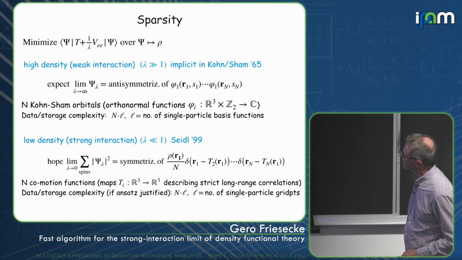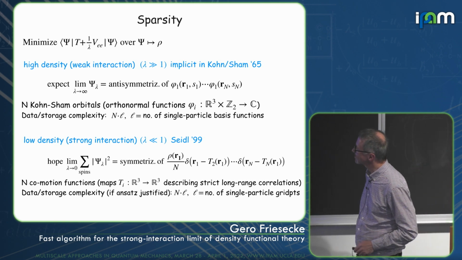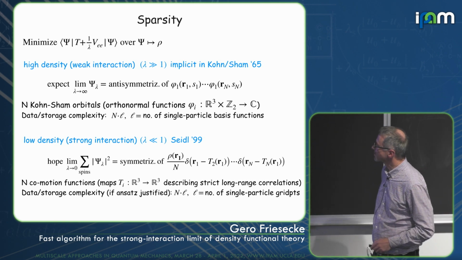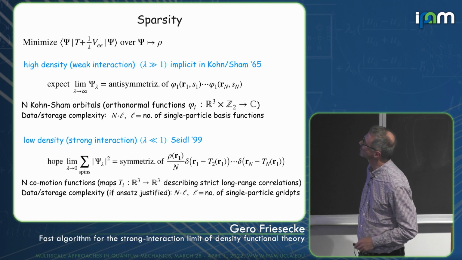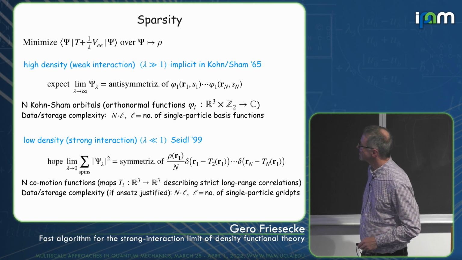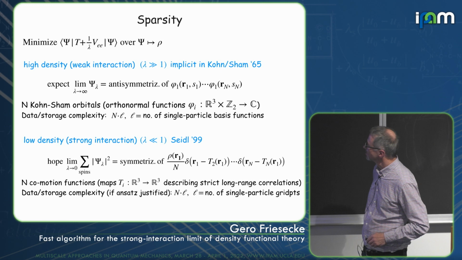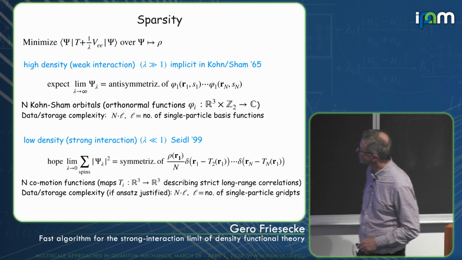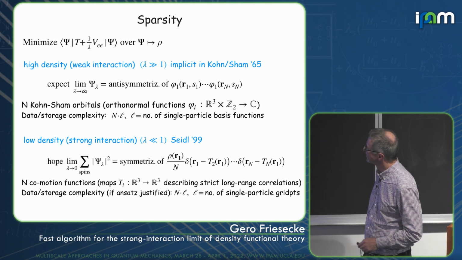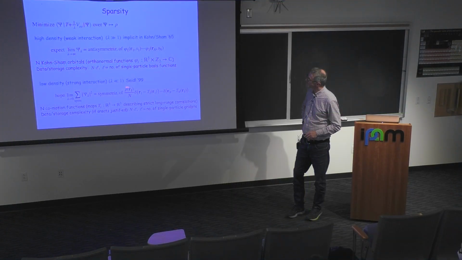He said, well, I believe or hope or suggest that the limit of the sum over the spins of the wave function squared has a sparse structure, but a completely different one. You get a symmetrization of something, namely the given density in the first coordinate times a bunch of delta functions in the other coordinates.